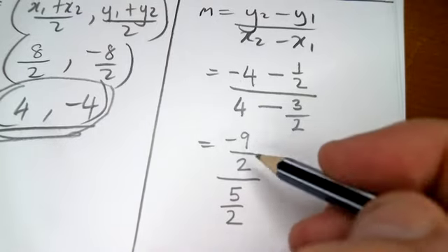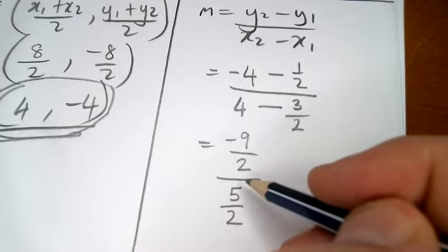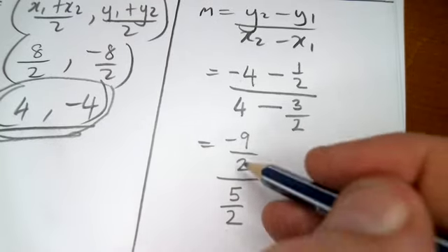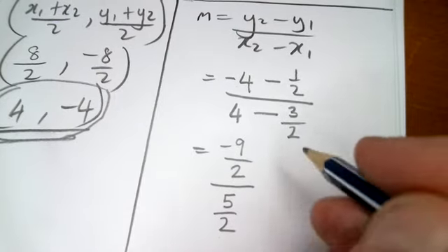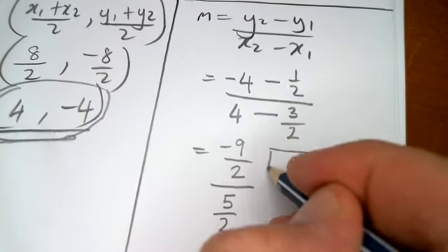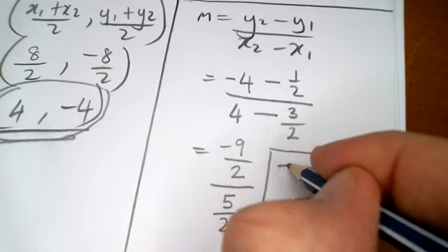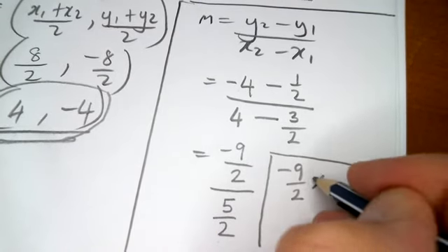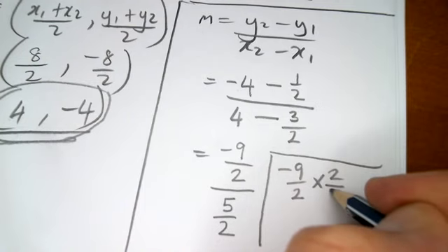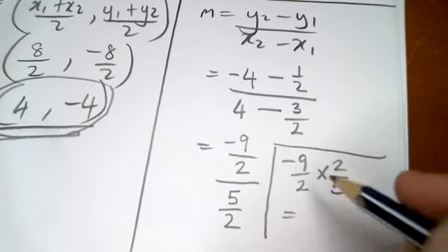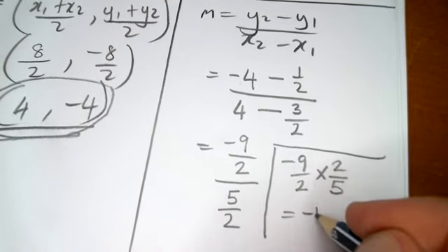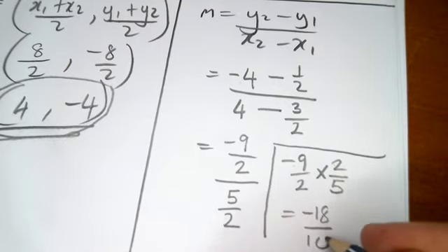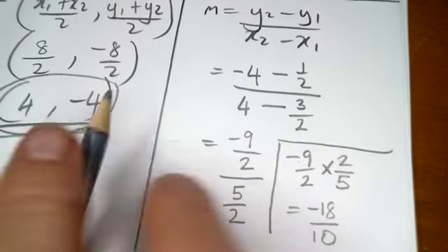Now, of course, when you divide fractions, we find the reciprocal of the divisor and multiply. So I'll put a little sidebar over here. This is the same as going -9 over 2, not divided by 5 over 2, but multiplied by 2 over 5. And that becomes -18 over 10.